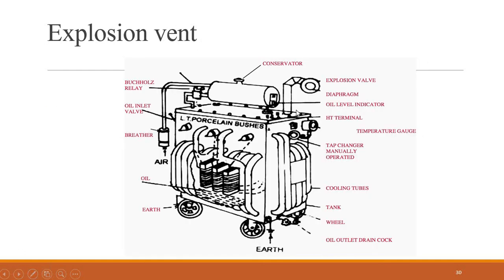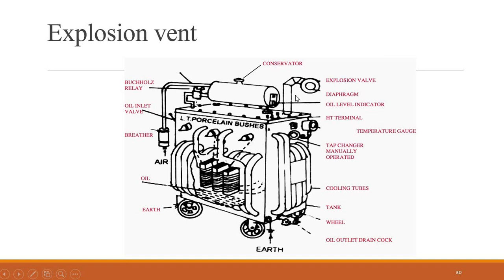Then next is the explosion vent. See here, this is the conservator tank over here, this is the main tank. Along with this there is one explosion vent. This explosion vent has a diaphragm. So when this main tank is full and the conservator tank is also full, it will get filled up with oil.